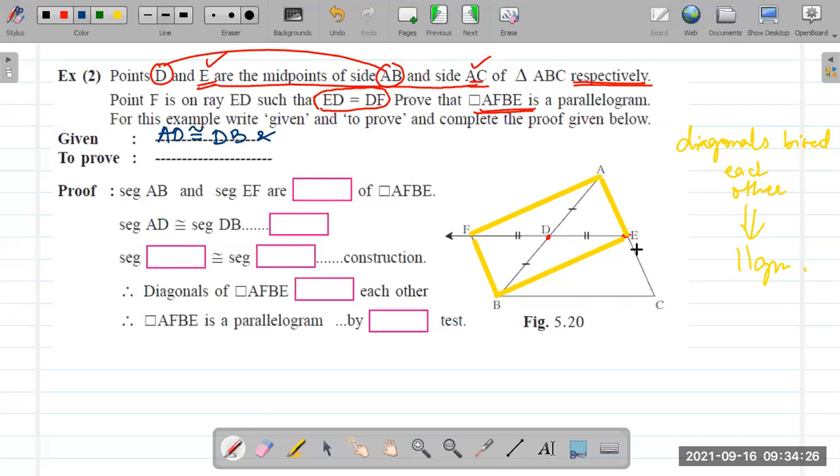Therefore, AE is congruent to EC, and also we are given this thing, that is ED is equal to DF. It is marked already. We are given these three things. Then what are we asked to prove? Notice, prove that quadrilateral AFBE is a parallelogram. So we have to prove this.